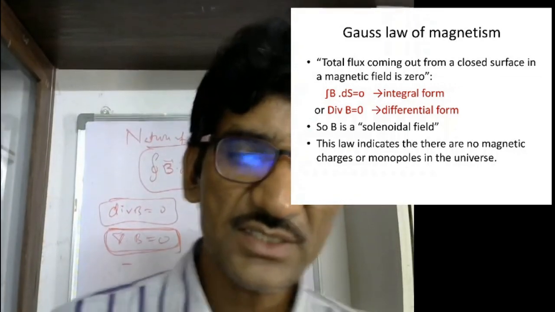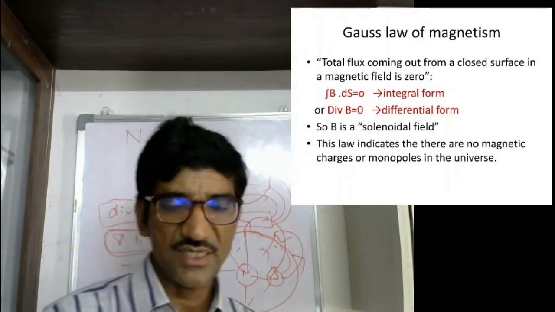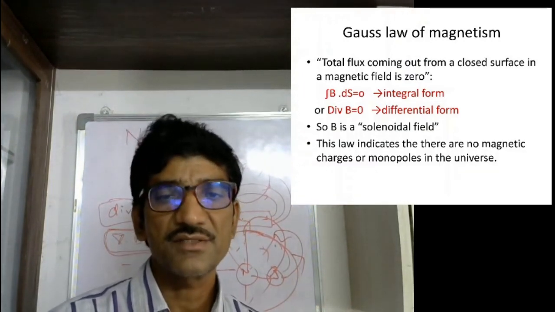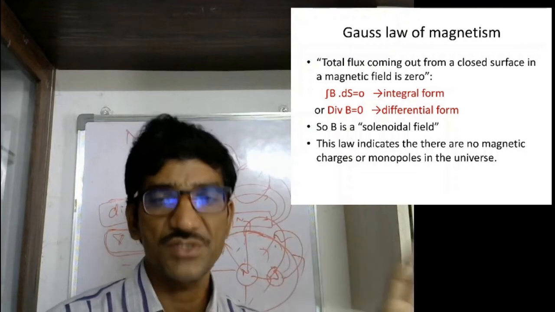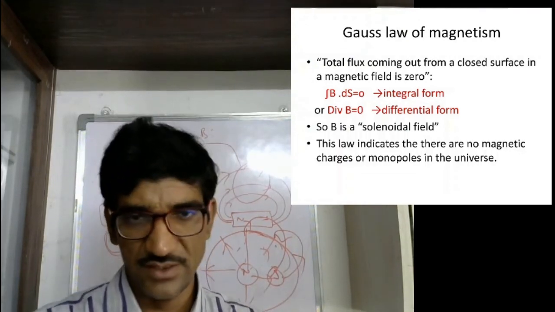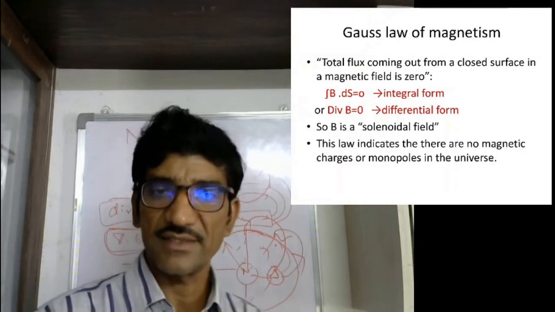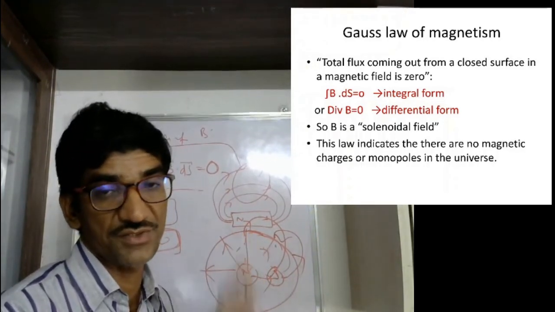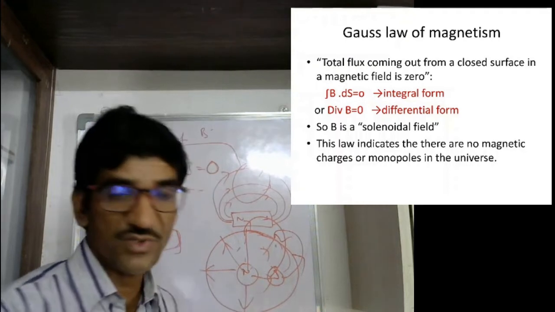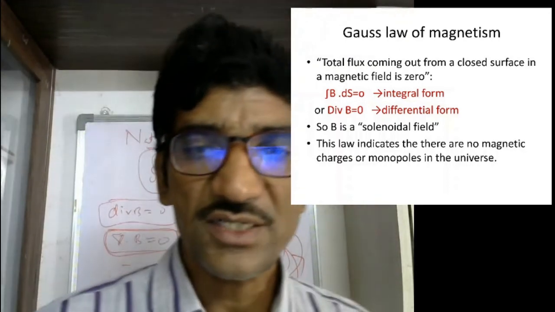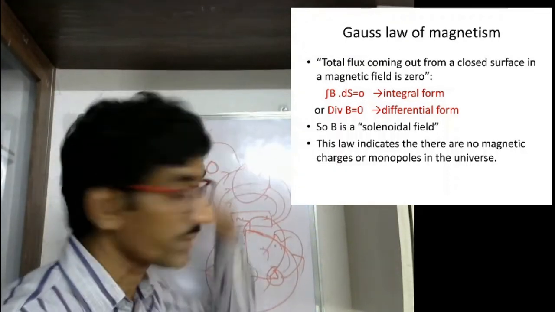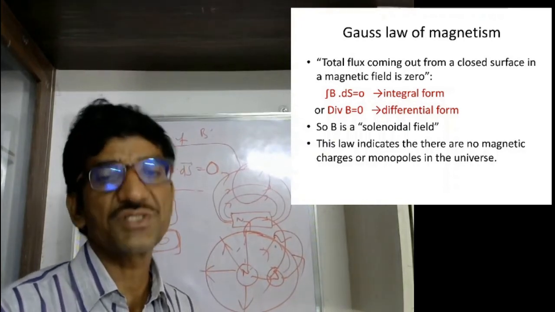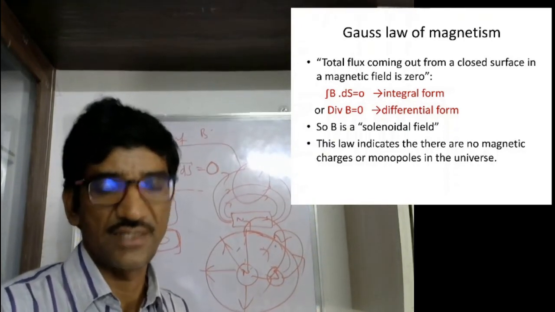What is the other statement of this law? There exist no magnetic monopoles in the universe. We can also state this in a very advanced manner. I already explained why the total flux is 0: because the north pole is always accompanied by the south pole. That is the nature of the magnetic field.